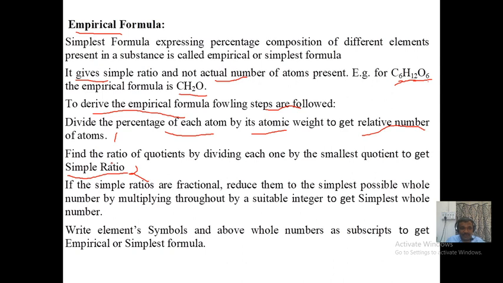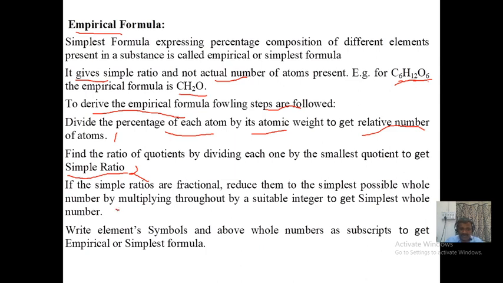So step number 2 is to find the ratios of quotients by dividing each one by the smallest quotient to get the simple ratio, right. From step number 1, relative numbers are used, dividing all the relative numbers by the smallest relative number to get that ratio, which is known as the simple ratio.